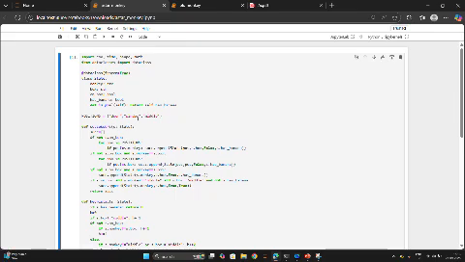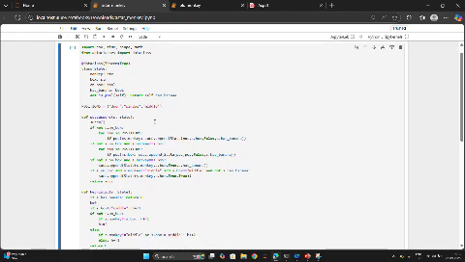A star improves the efficiency by adding the heuristic. In our code, we use a priority queue, like a min heap, to always expand the most promising node first.